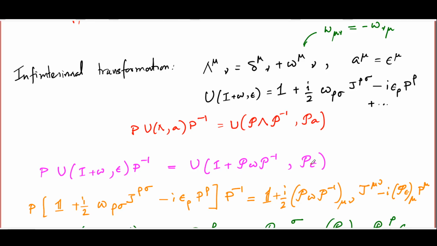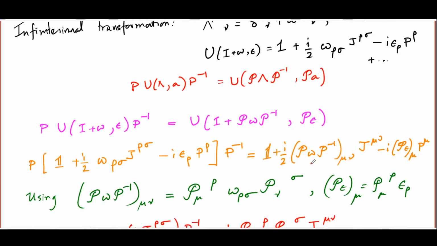Now writing out the infinitesimally close to identity operator U in this particular form gives us P times (identity plus i/2 ω_ρσ J^ρσ minus i ε_ρ P^ρ) times P⁻¹ must be equal to identity plus i/2 𝒫ω𝒫⁻¹, this matrix's μνth element times J^μν, minus i 𝒫ε, this column vector's μth element times P^μ.